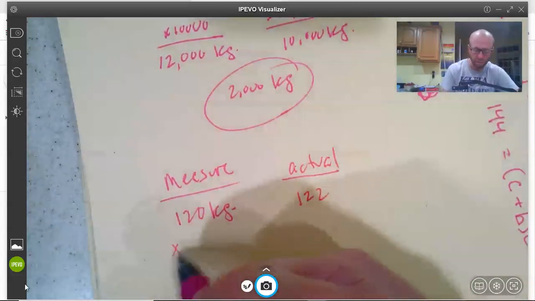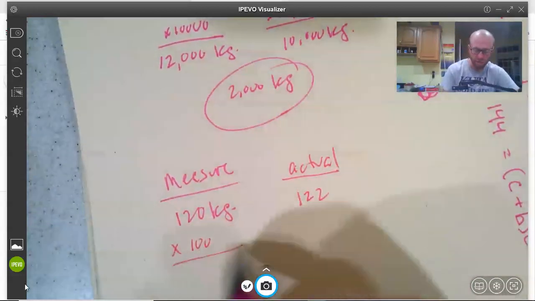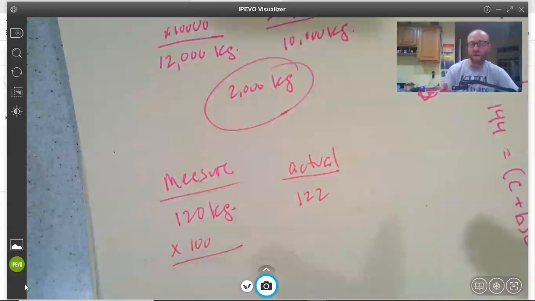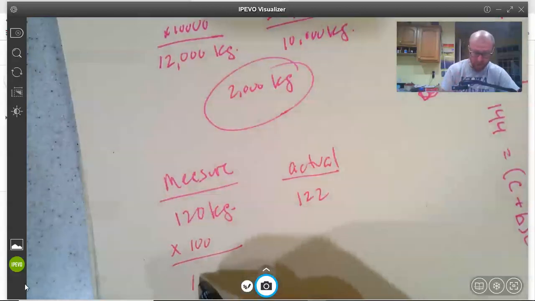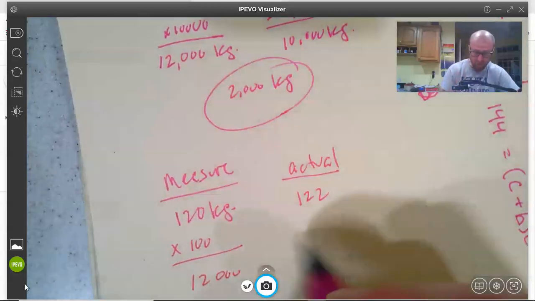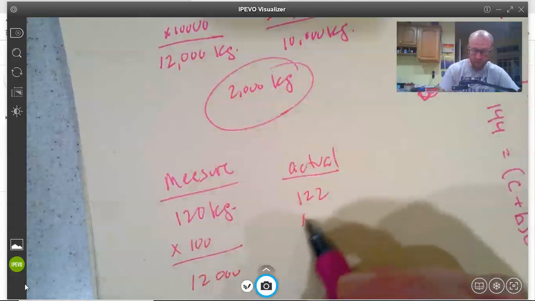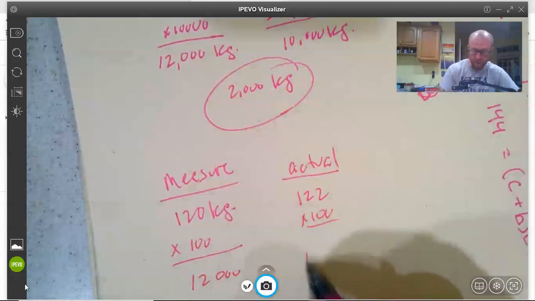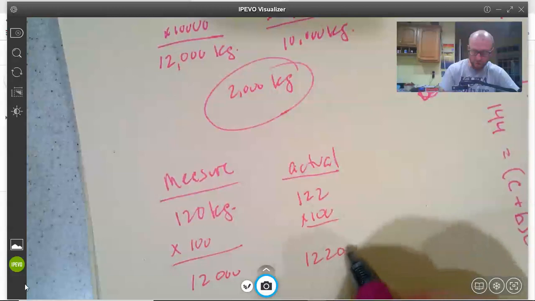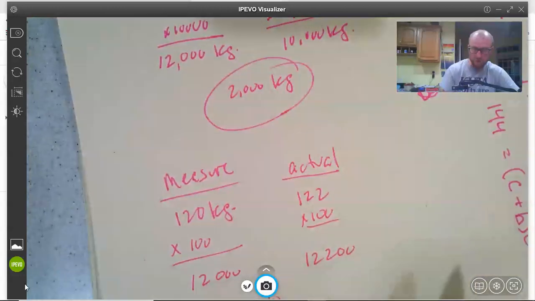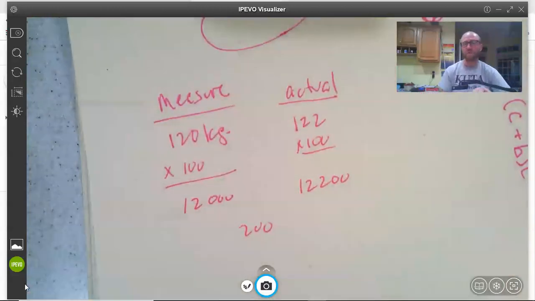Then when I multiply this times 100 instead of by 10,000, because I've measured 100 boxes already, I get 12,000, when in actuality, times 100, it's 12,200, and I'm only off by 200 kilograms, which isn't as big an error.